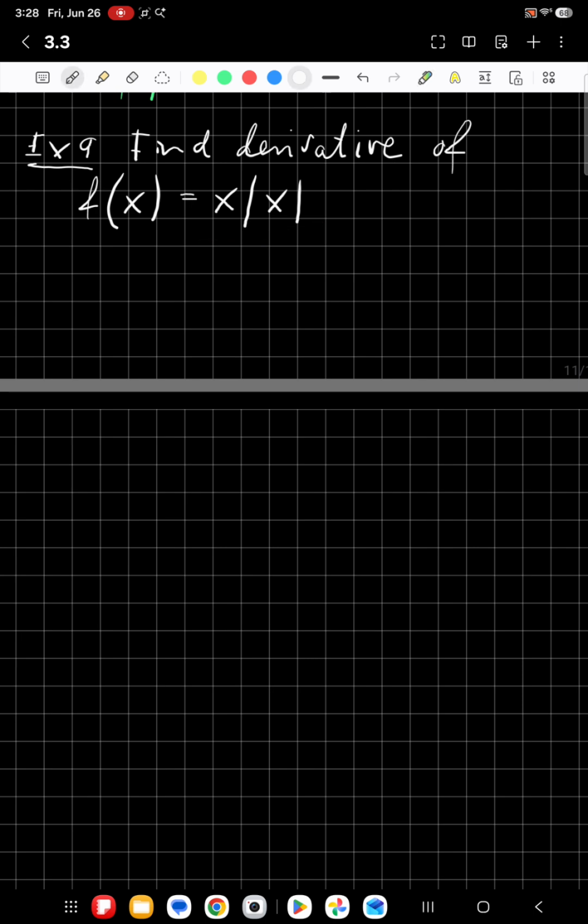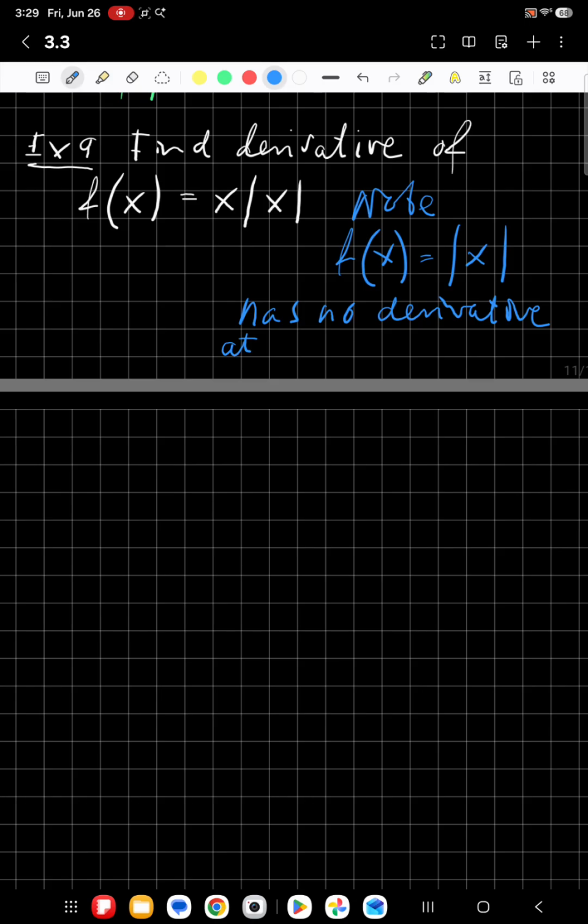But if the function was, let me write it as a note: if I have f of x equals just absolute value of x, this function has no derivative at x equals 0.